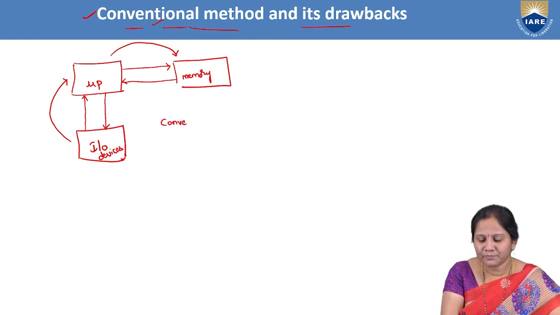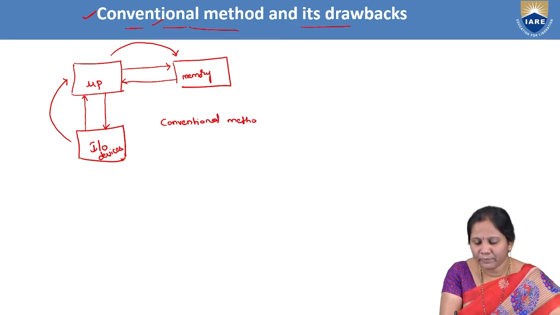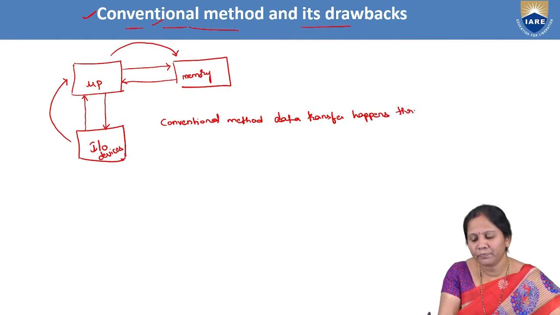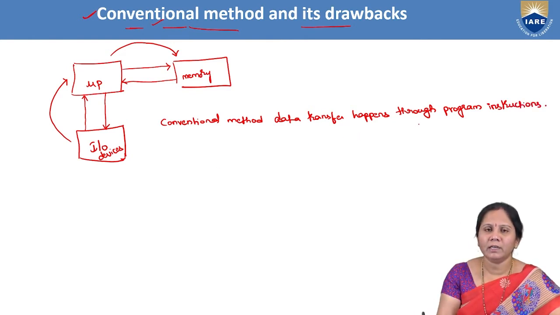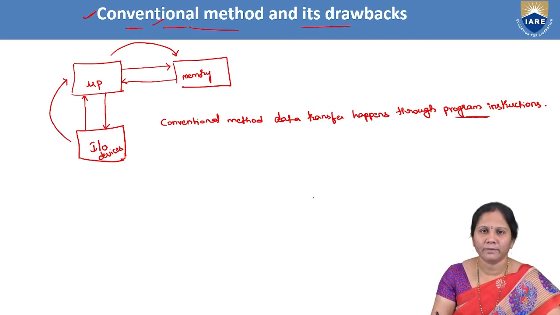So here in the conventional method, data transfer happens through program instructions. The data transfer will be happening due to these program instructions, that is by using software, not hardware.